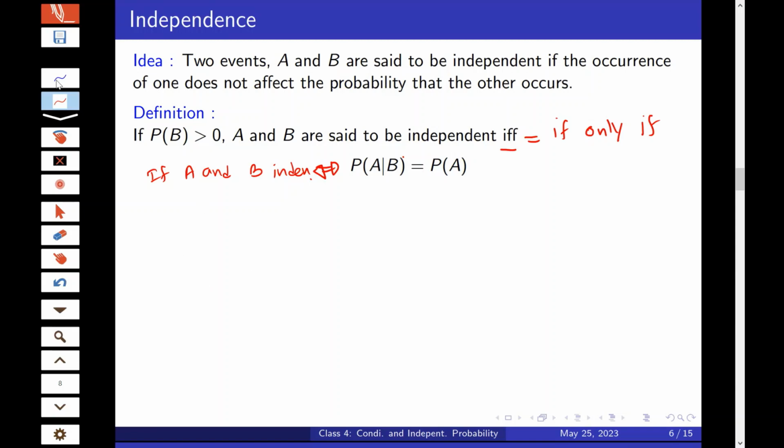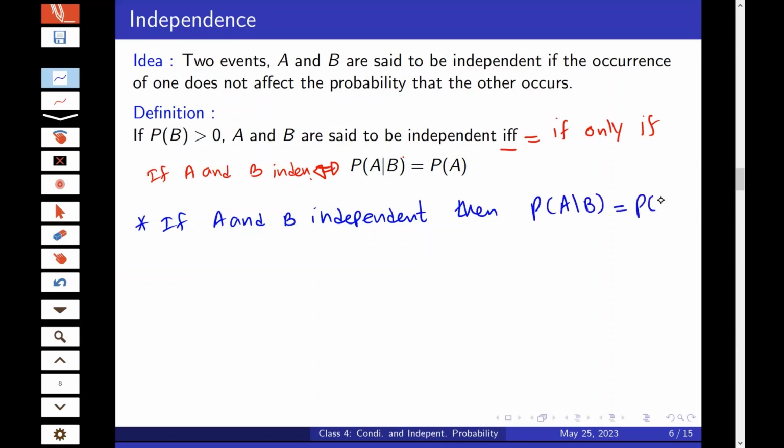I can write this another way as well. If A and B are independent, then P(A given B) should be equal to P(A).